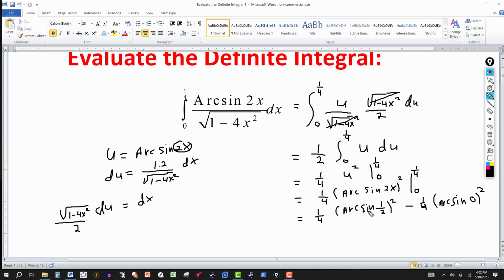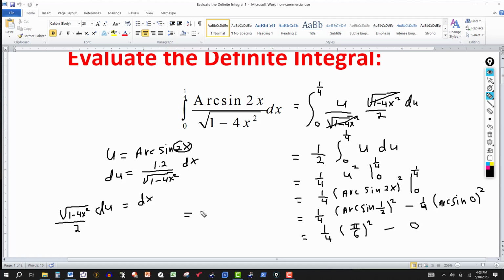Now the domain for the arc sine is between -1 and 1 inclusive, and the range is from negative pi over 2 to pi over 2. So arc sine of 1/2 is pi over 6, and that's quantity squared. And arc sine of 0 is 0 times the minus a 4th, so that's still going to be 0.